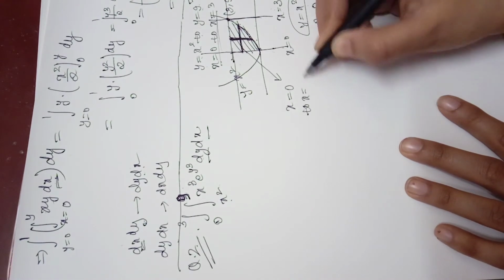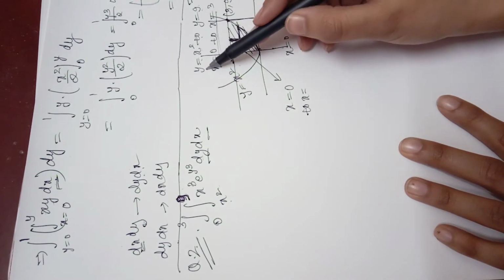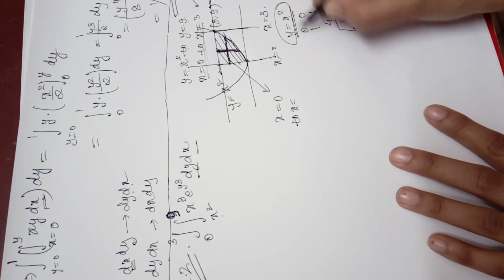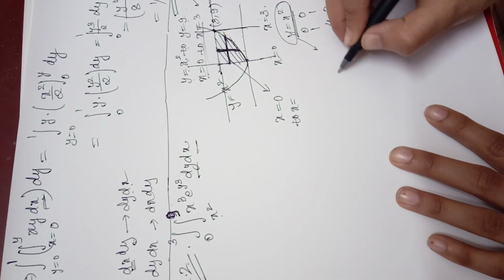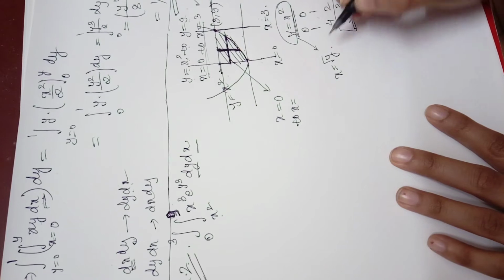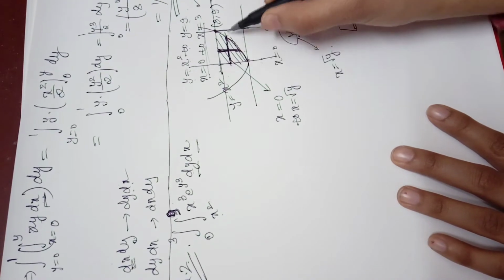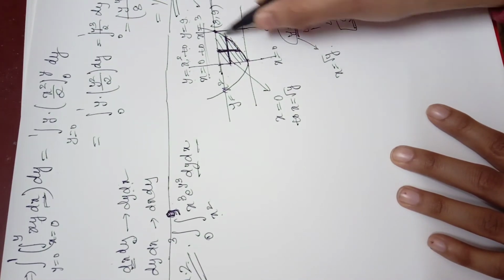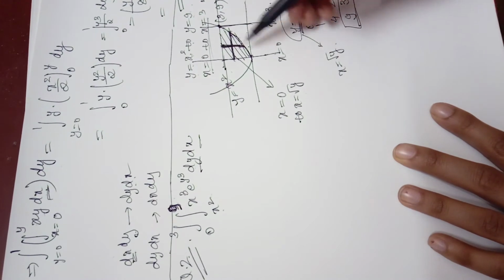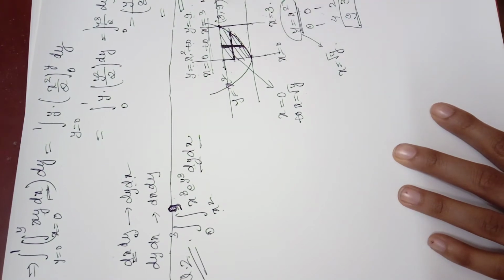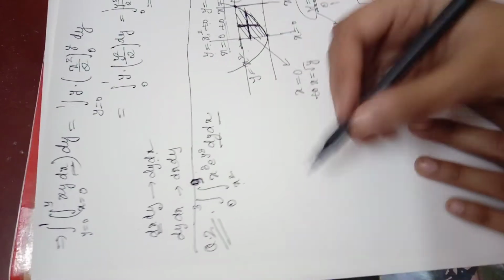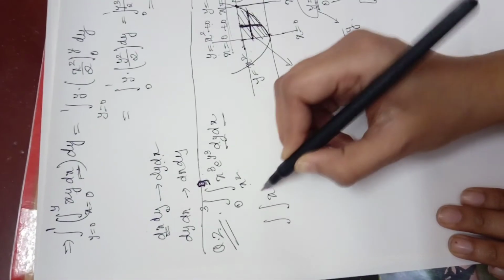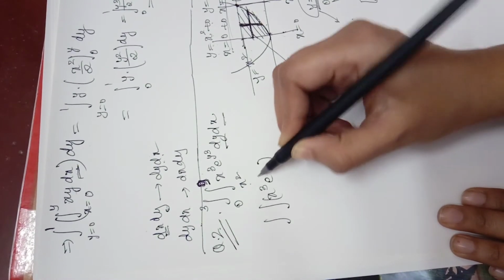So x equal to what? See, x square is y, right? That means what is x? Root y. So x is going from this to the parabolic surface, right? This is my x limit, and y is going from 0 to 9. Okay, so my new limits, we do not change whatever is inside, it remains as it is.